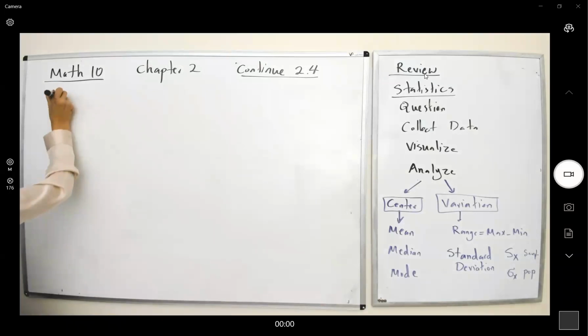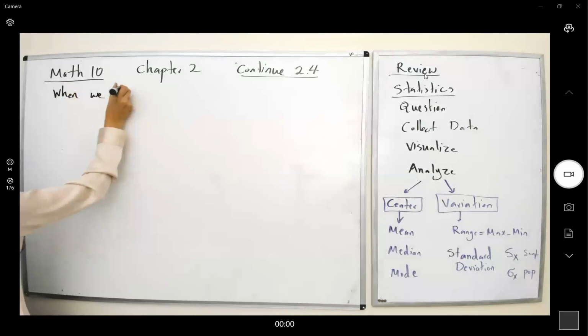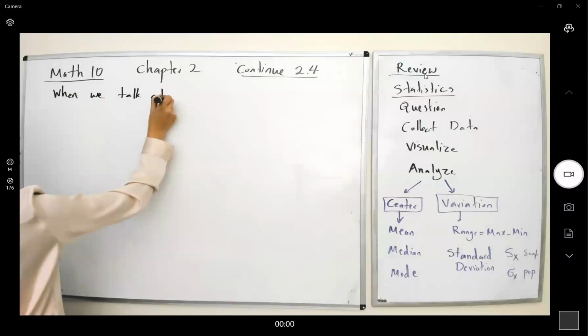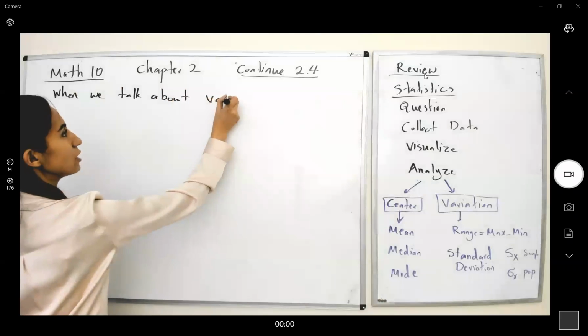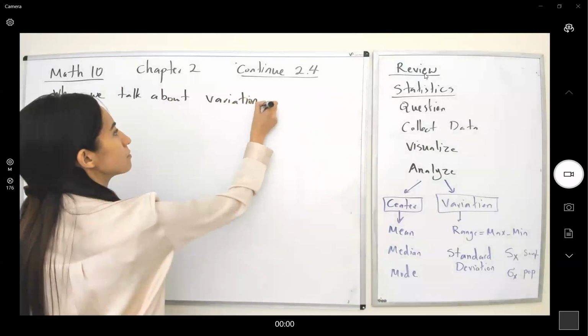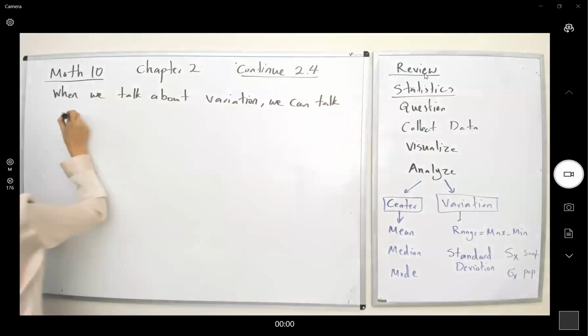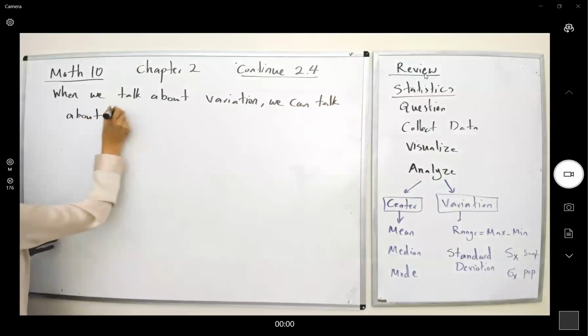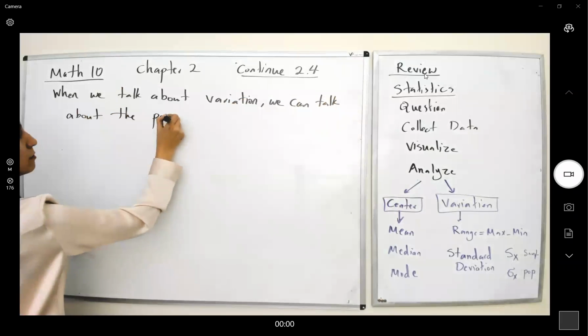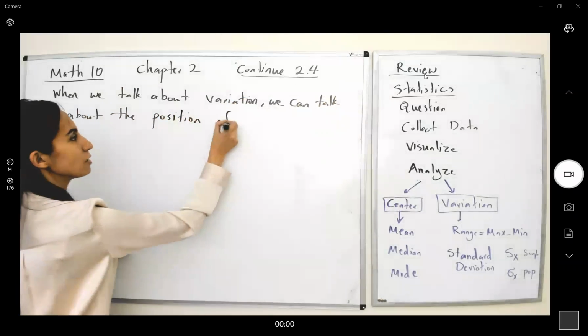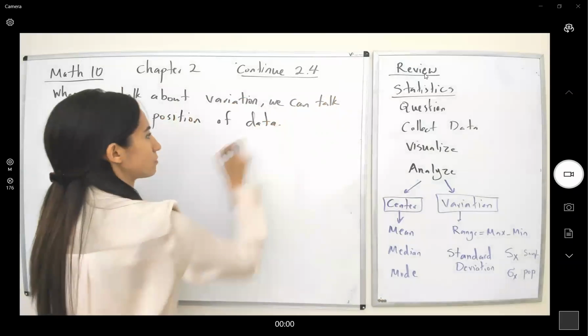So when we talk about variation, we can talk about the position or location of data.